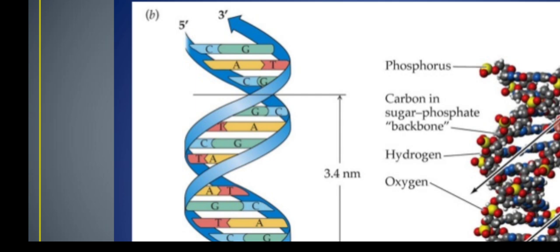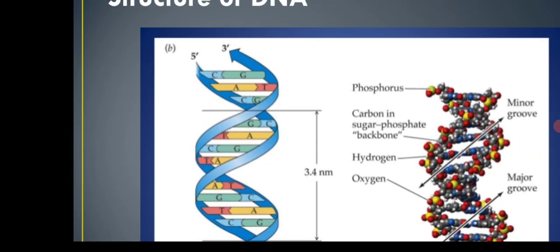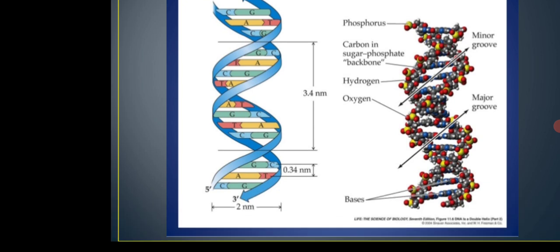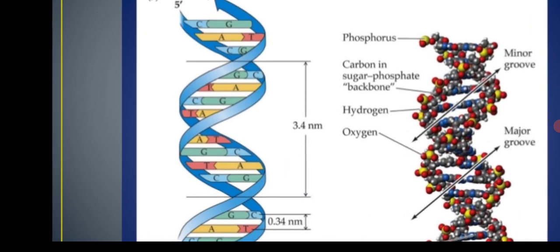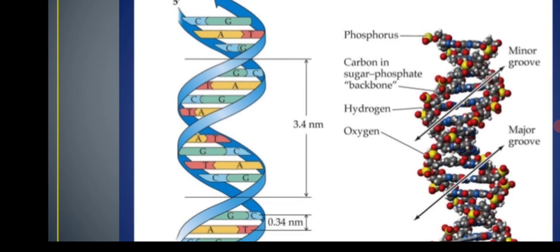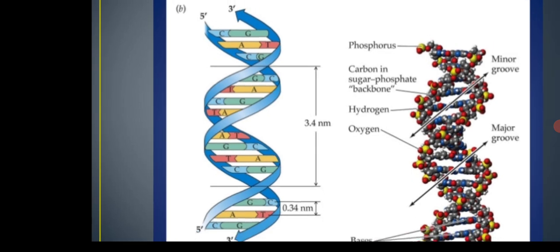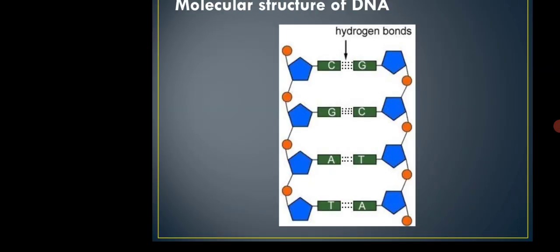These two strands get rotated around each other and form a helical structure. The two strands are separated from each other by a 2 nanometer distance. The distance between two major grooves and minor grooves is generally 3.4 nanometers.